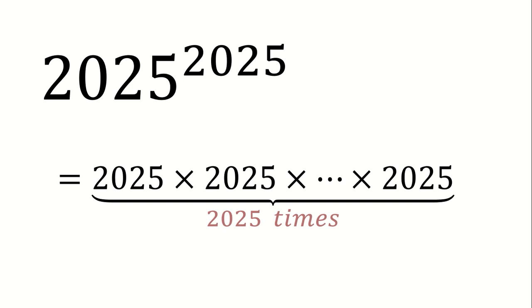Then we can write this as a huge number and get its rightmost digits. So how do we get that?